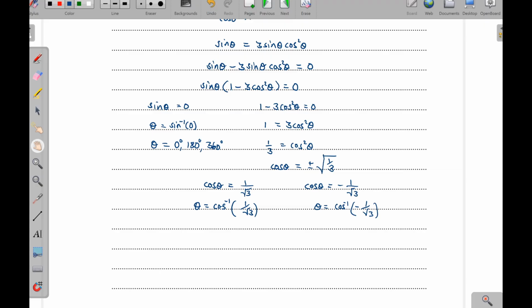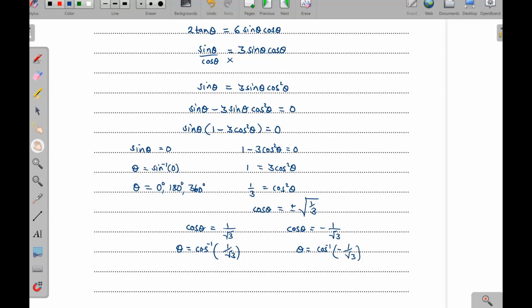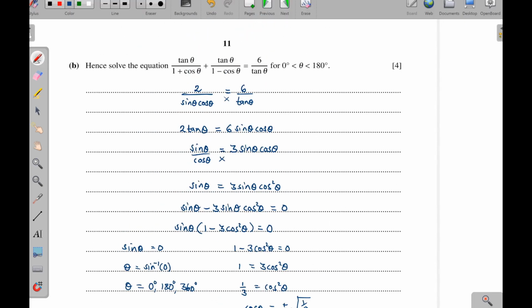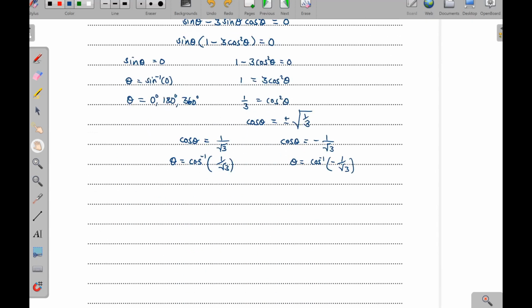Now in the third quadrant, we are having angles which are greater than 180. So we are just supposed to have angles that are from 0 to 180. So this one here will give me the acute angle, then this one will give me the obtuse angle in the second quadrant.